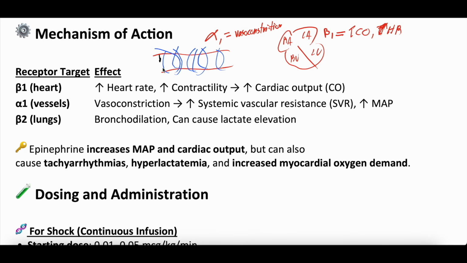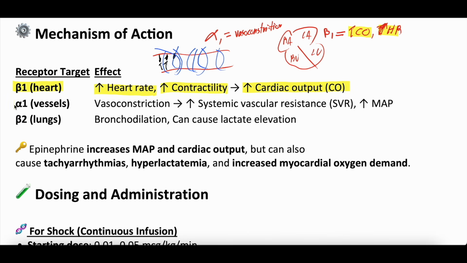If we talk about epinephrine in particular, it has beta-1 effects on the heart, which increase heart rate and contractility, and both of these lead to increased cardiac output. So this beta-1 effect is the inotropic effect, all right?